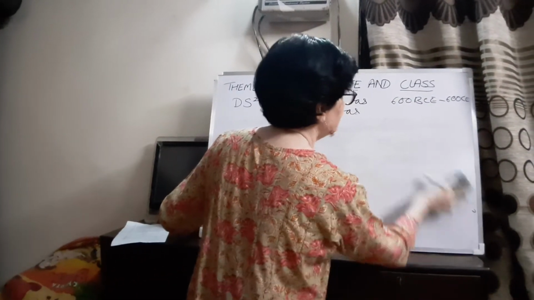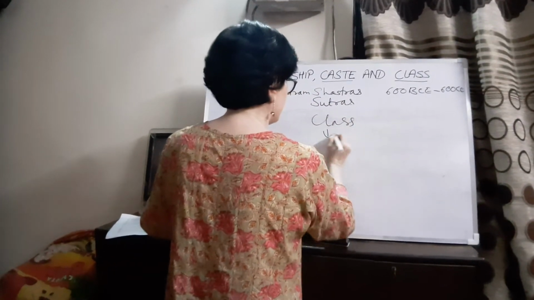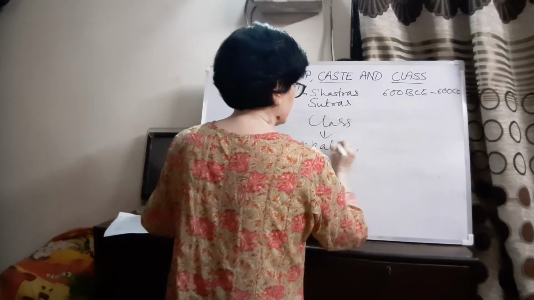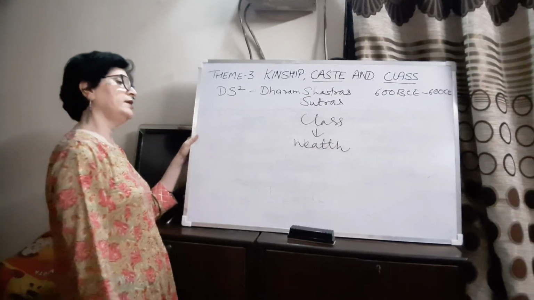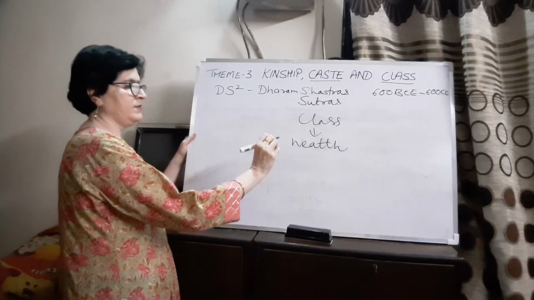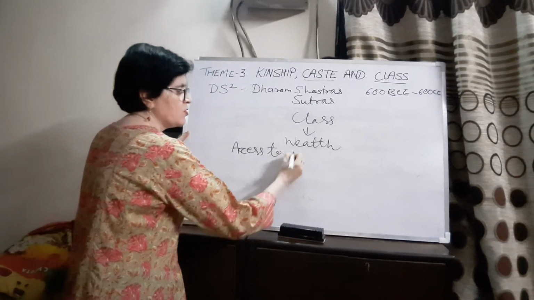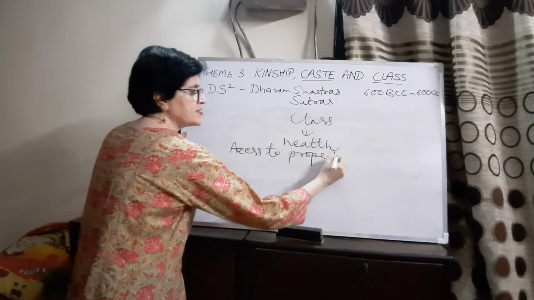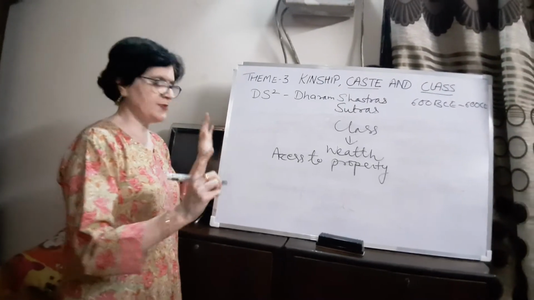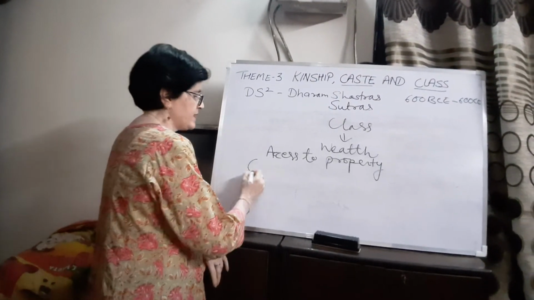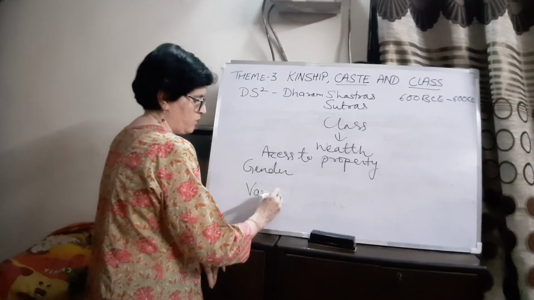Now we'll take up the class. Class was based on wealth, and at that time wealth meant access to property. There are two factors for accessibility to property: one is on the gender basis and one is on the Varna basis.